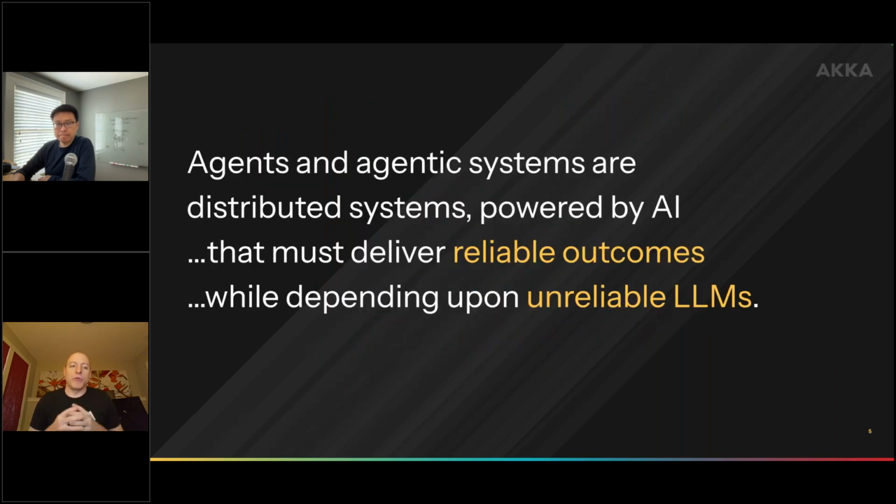All right, so what are we talking about here? Effectively, agents and agentic systems are distributed systems powered by AI. And we see this as a reasoning architecture and a systems engineering discipline, because what you have to do is find a way to deliver a reliable outcome or a reliable set of behaviors while depending upon LLMs that have very long latency, high variance, and a certain degree of unreliability.